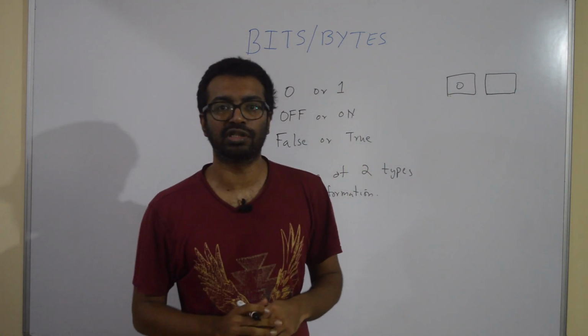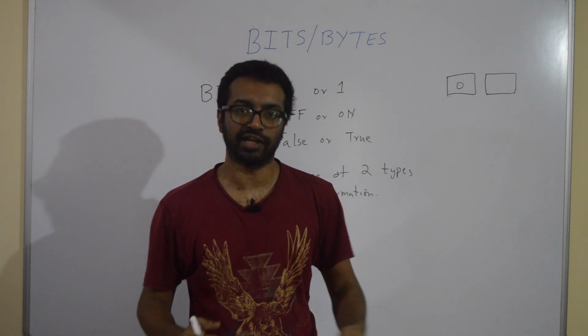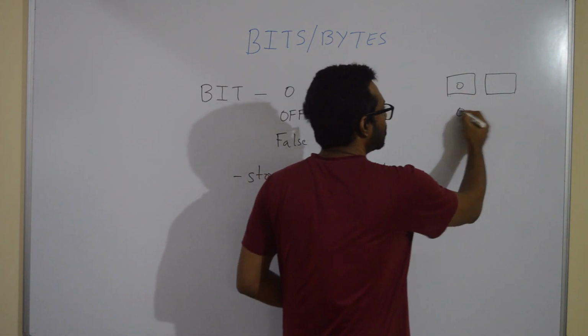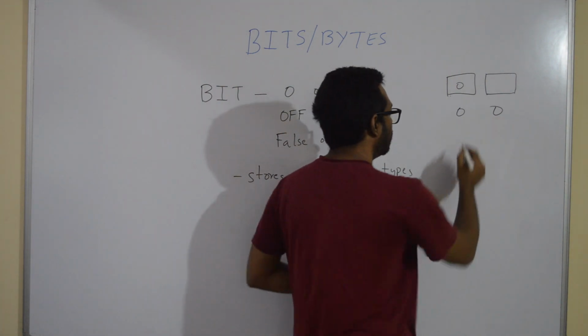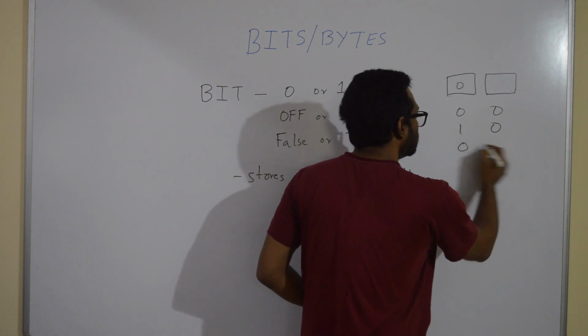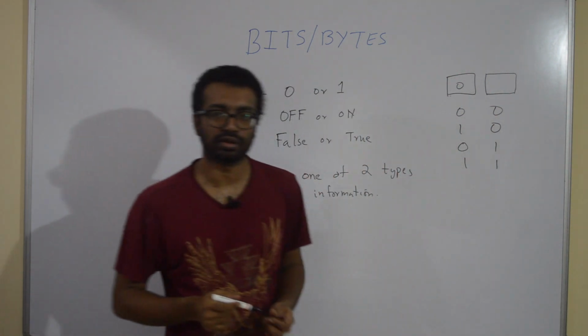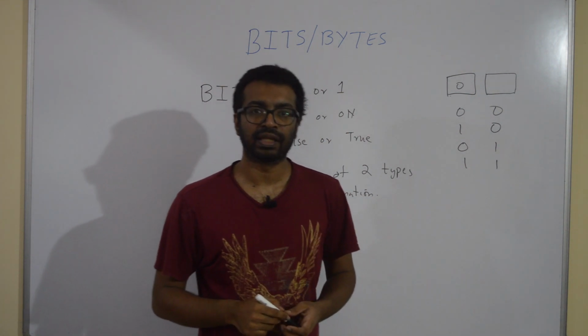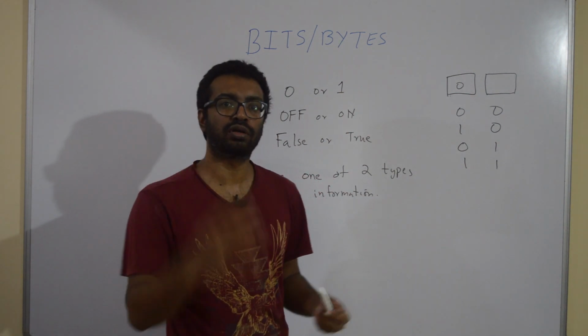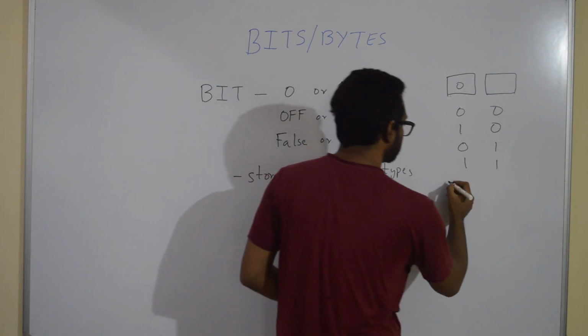If I have two such boxes, I can have four kinds of information. Why? Because I could have 0 0, or 1 0, 0 1, or 1 1, right? So two bits can store four kinds of information.